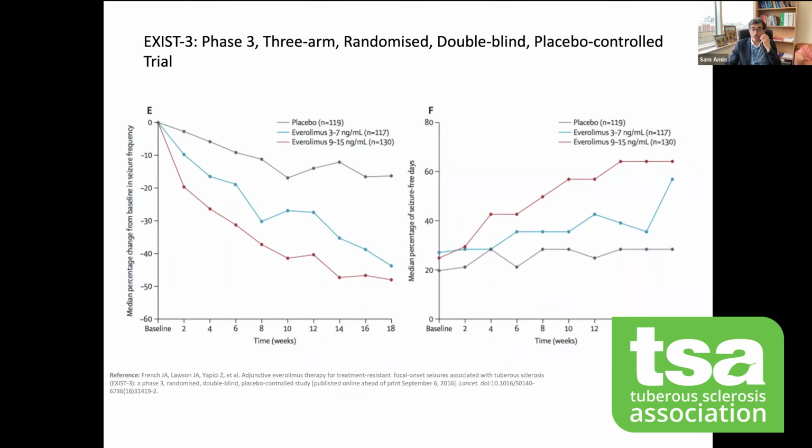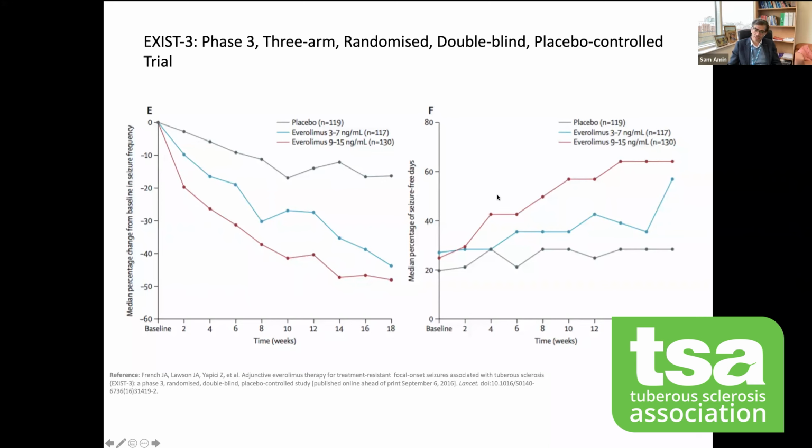And then this other graph shows you the effect of this drug on seizure reduction. That's the median percentage change from baseline, from starting the study until the end. As you can see, in the placebo group the reduction is not significant compared with this red group, the high dose group. So you can see from there it comes down to this quite significant reduction.